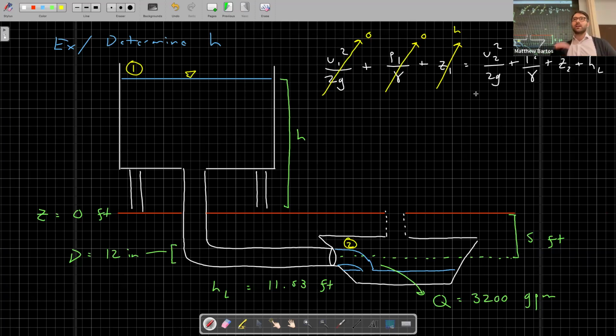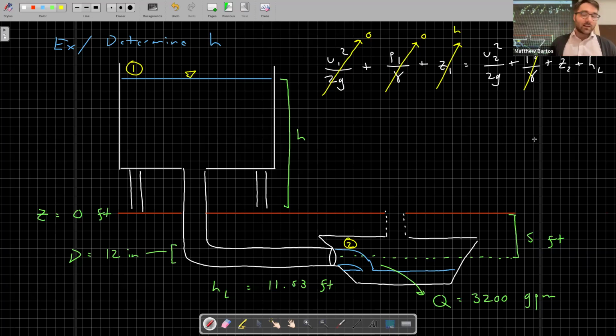Is it safe to assume that that velocity head is equal to 0? No, right? Because the water is moving at that point. We can't assume that the velocity head is 0. What about the pressure at the exit of the pipe? It's also atmospheric. So this term here will be equal to 0.